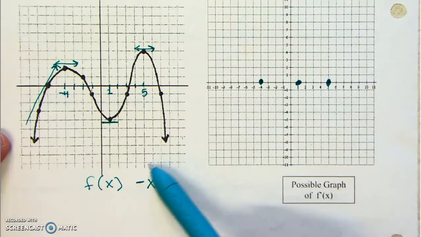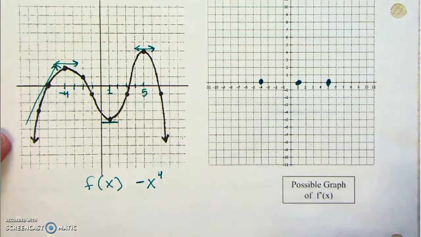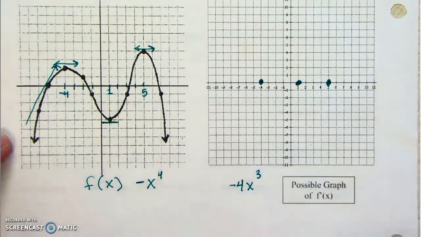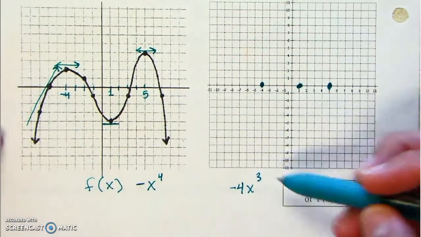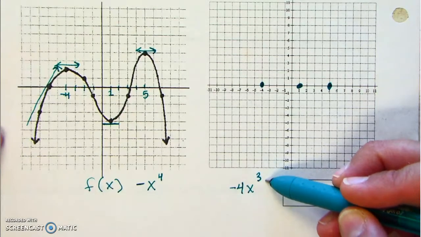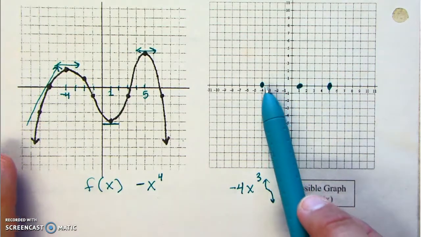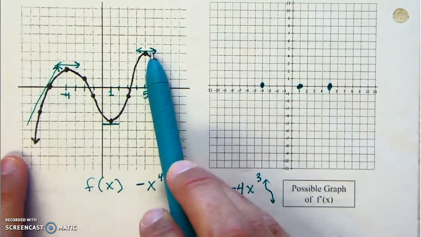Well, what's the derivative of negative x to the 4? Negative 4x cubed, so we know that a negative cubic from pre-calculus is going to look like this. Okay, maybe with some other hills. Okay, let's go back. So we said 0, 0, 0, 0, 0, 0.